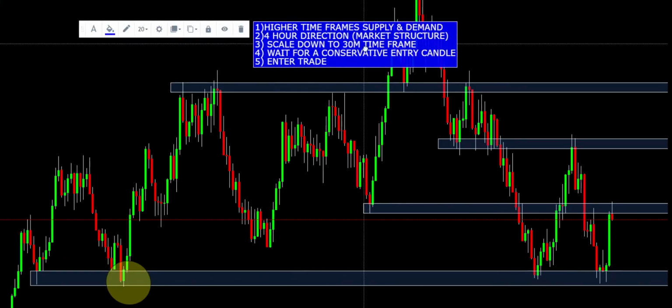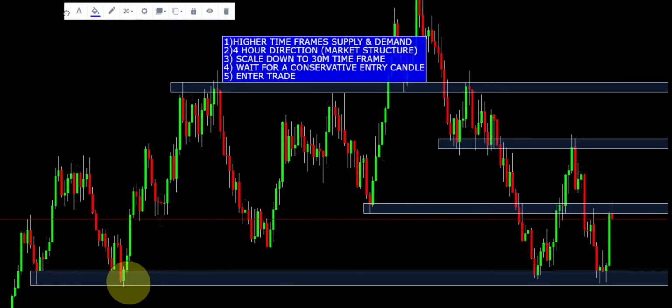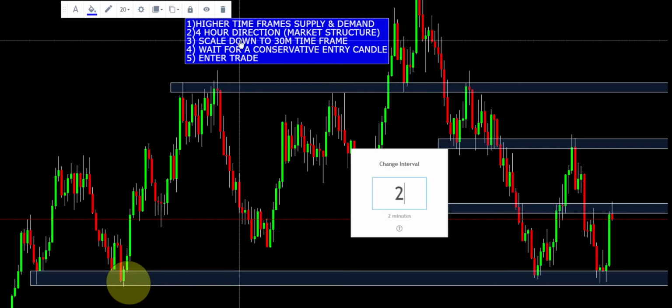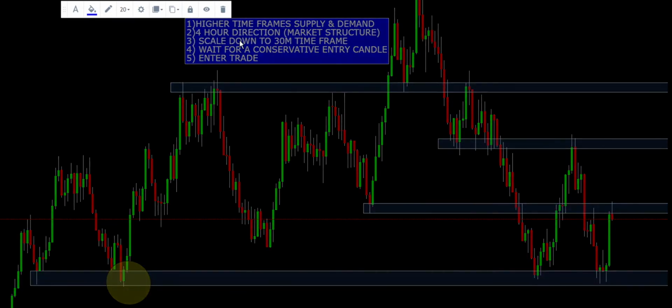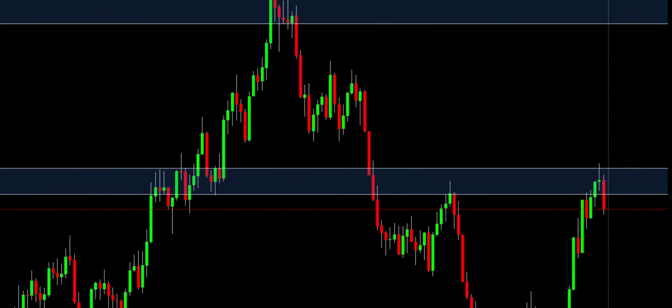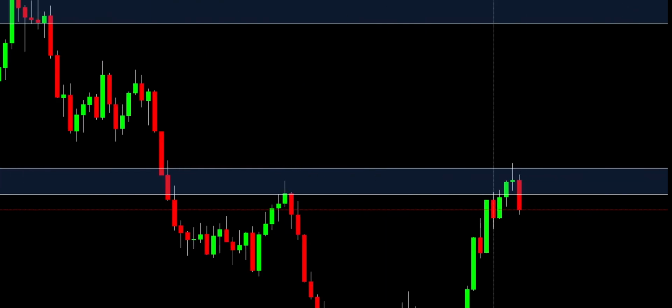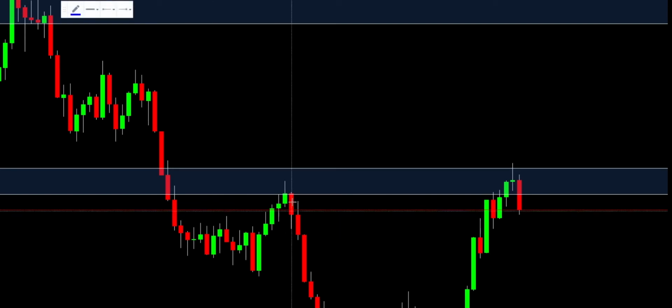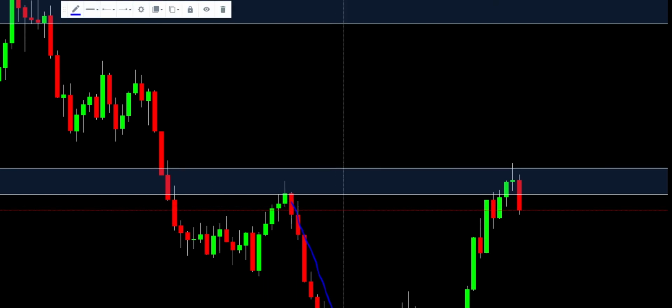Now I will scale down to my 4-hour time frame. On my 4-hour time frame, guys, I will look for the overall direction in the market. Let me make this example right here. What you can see previously from this side is that price ran into this demand zone.